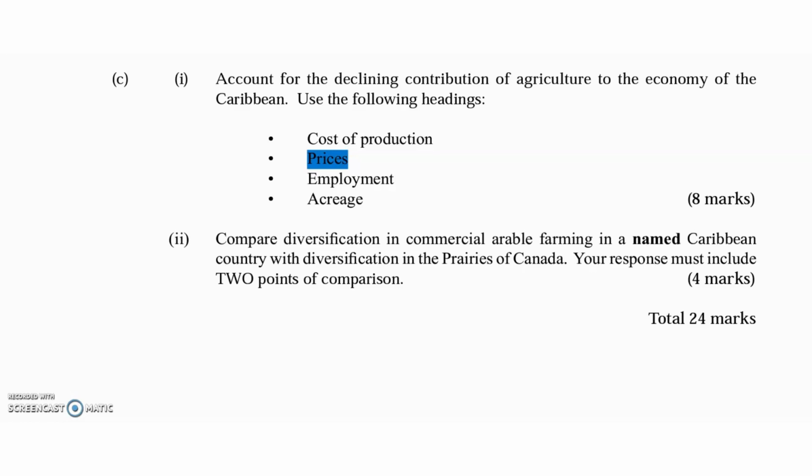With respect to employment, we have to understand also that agriculture is in fact given less recognition in the world today. As a matter of fact, many people are culturally deviating from agriculture as a primary economic earner, as compared to yesteryear, as compared to the past.